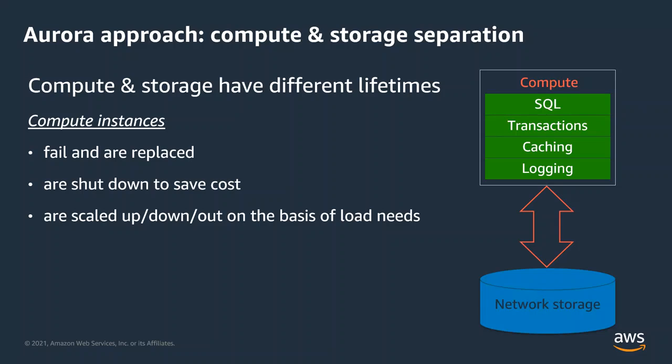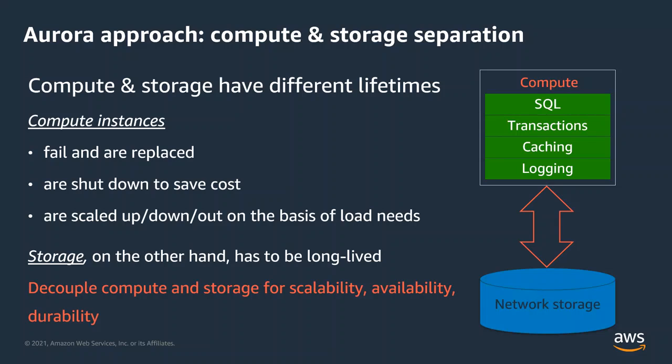For example, with a dev workload, the developer is using it during the daytime, and in the evening it's not being used, so you can turn off the instance and not waste resources. It can be scaled up and down based on the level of load. So the compute is more ephemeral. Of course, it has caching for performance, but you have more liberty in modifying the capacity of the compute node.